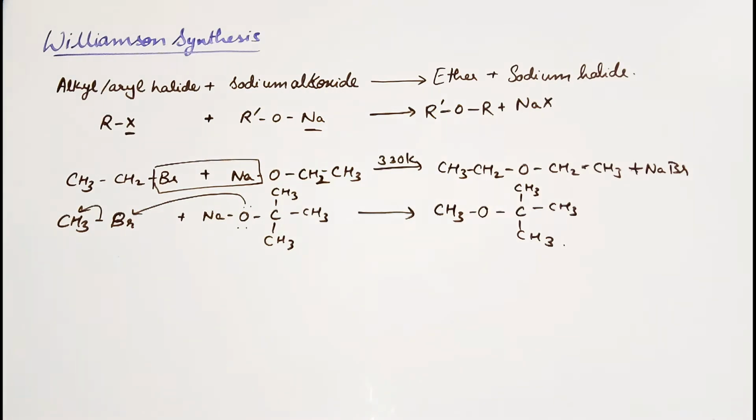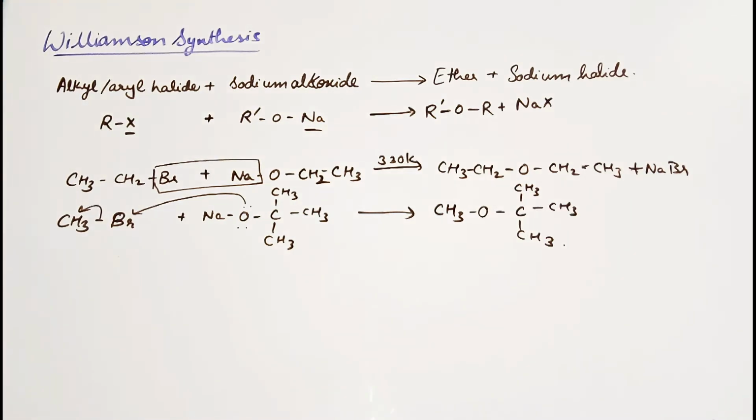Now if you notice, in both these cases, wherever the alkyl halide was used, we only used a primary alkyl halide, because primary alkyl halides give the best results for Williamson synthesis. So instead of a primary alkyl halide, if we land up using a secondary or tertiary alkyl halide, these are the reactions that you will observe.